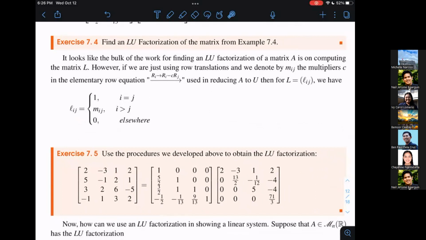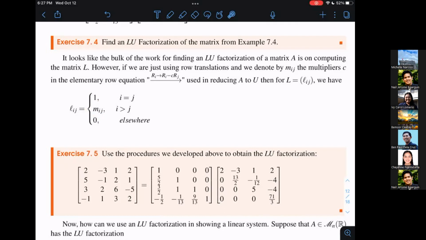So, ibig sabihin daw, yung lower unit triangular matrix para dun sa LU decomposition, doing our method, ay equal lamang sa matrix na 1 yung mga nasa diagonal, tapos 0 siya everywhere, pero yung entry niya on the ith row and the jth column, provided that i is greater than j to ensure yung pagiging lower triangular niya, ito ay equal doon sa multipliers doon sa row translation.